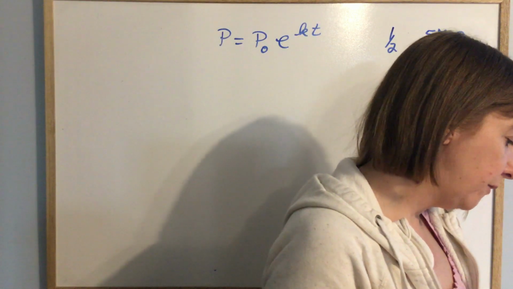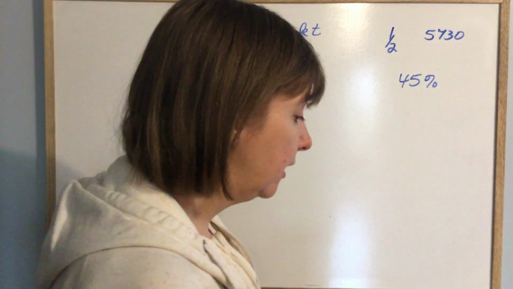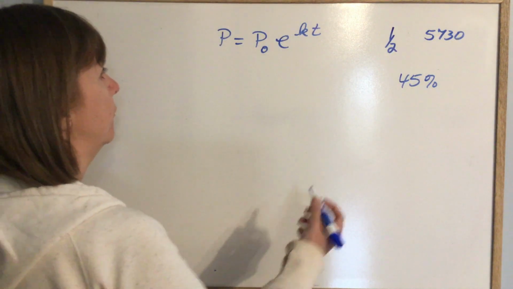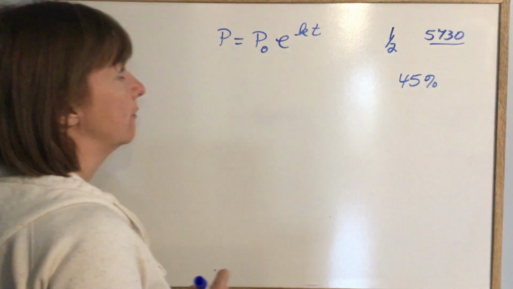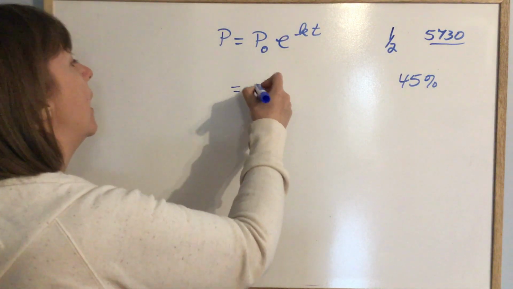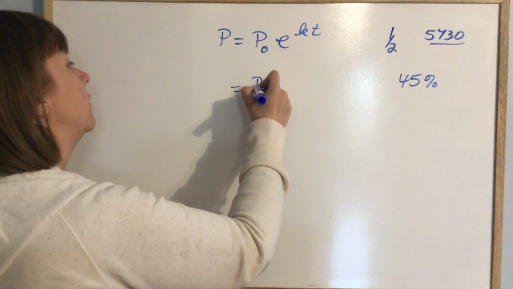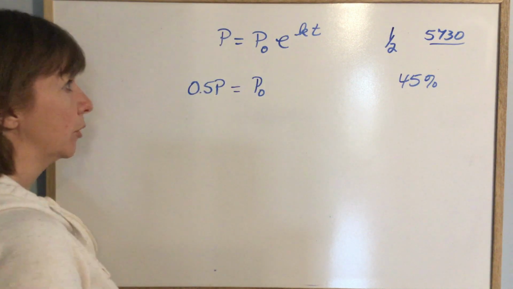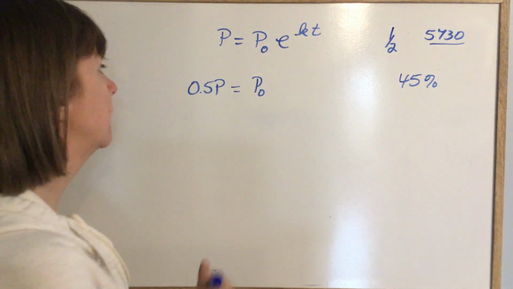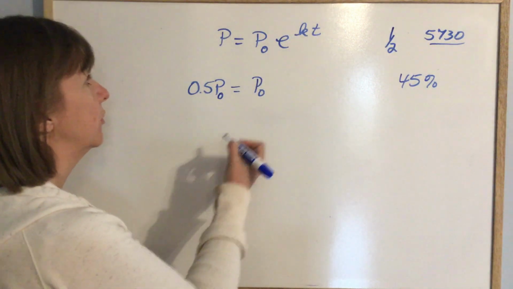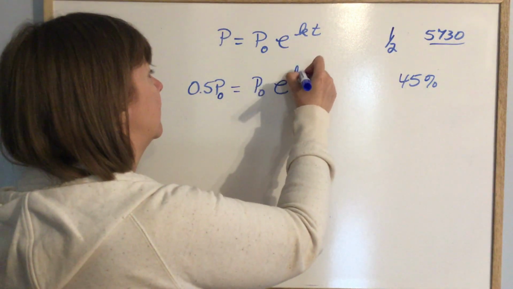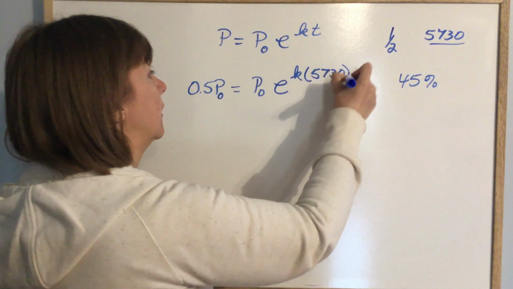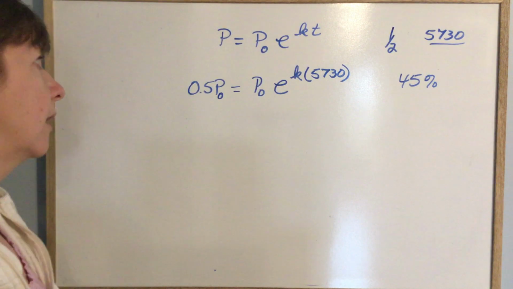First, we're going to determine the value of k because we know the half-life. Okay, we know the half-life is 5,730 years. So I don't know what the original amount is, but I know that for the half-life, the final amount is half of the original amount: P0 e to the k times time, and the time for the half-life is 5,730.